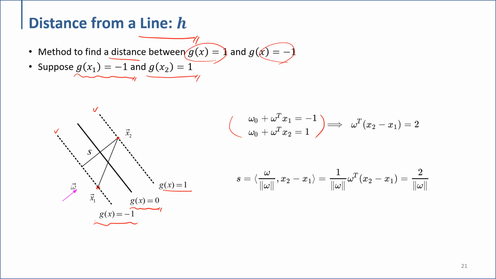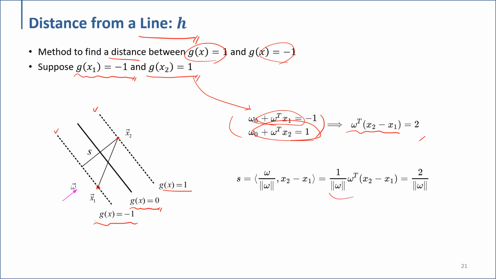By substituting these into the equation and subtracting one equation from the other, we obtain this. The left-hand side is just the inner product between omega and x2 minus x1.